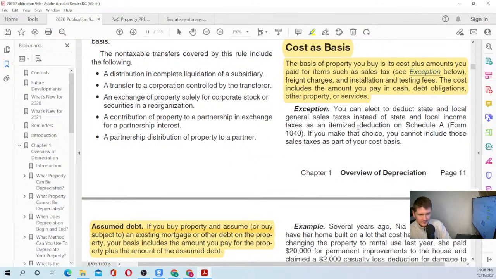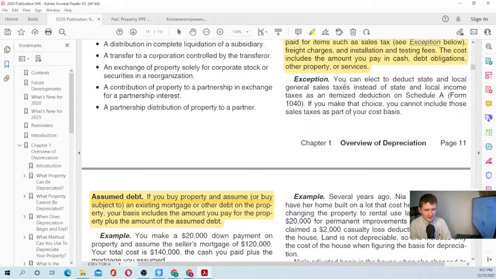There are a few options about state sales taxes. If your property purchase involves state sales tax, you need to pick between different treatments. If you decide to deduct state sales tax on your Schedule A, you cannot include that sales tax as part of your cost basis.